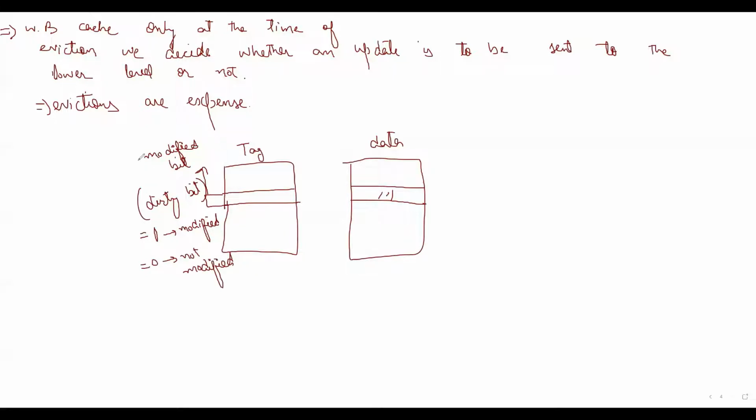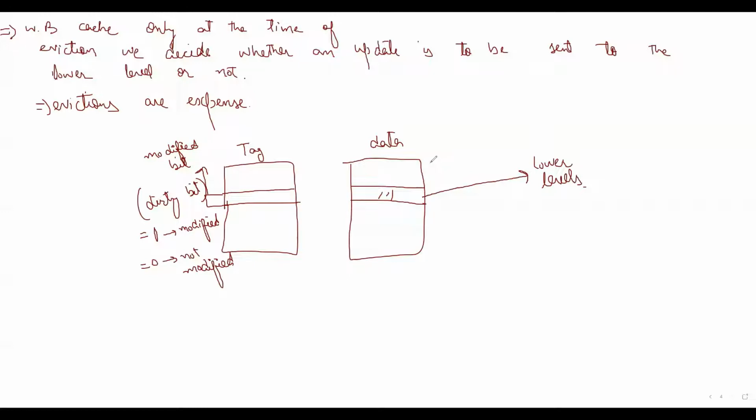Okay, so at the time of eviction, we see this particular bit. If this bit is 1, it means that we have modified this data, so this modification is to be sent to lower levels. However, if the value of this bit is 0, it means that this particular data has not been modified, so we can easily evict this particular entry.